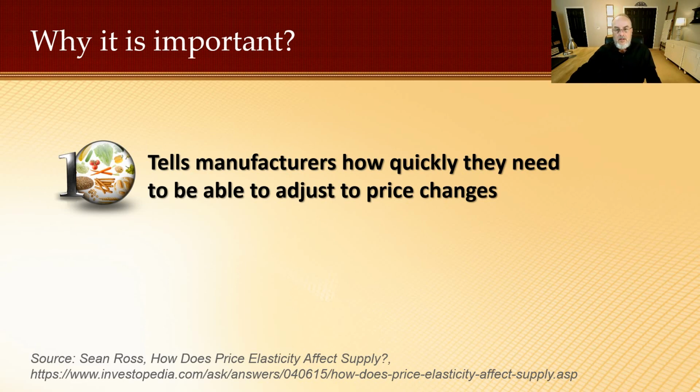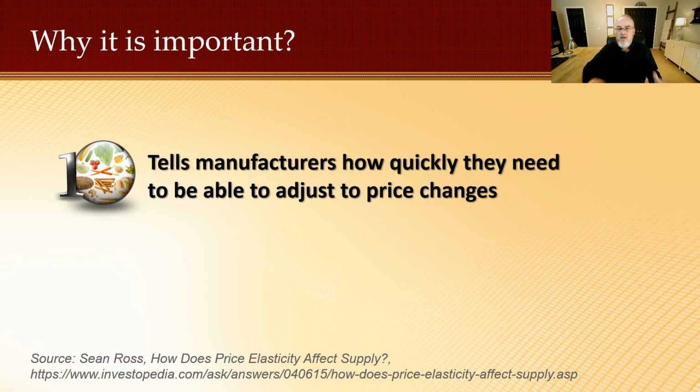If the price elasticity of supply is very elastic for the product that I make, then I could have very rapid shifts in what I'm going to need to manufacture, the number of products I'm going to have to put out. So I've got to pay attention to price elasticity relative to the products that I make, because I can have a quick shift in demand either way, up or down.